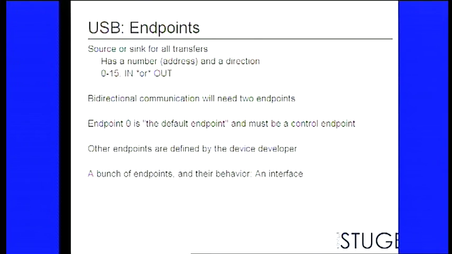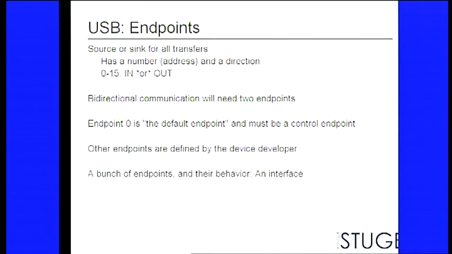One thing to keep in mind is that if you're going to do bidirectional communication, then you're going to need 2 endpoints. So, for example, with the interrupt transfers, as I said, they're only one direction. If you need interrupt transfers both going in and coming out, then you need 2 interrupt endpoints. They can have the same number as long as one is in and the other is out.